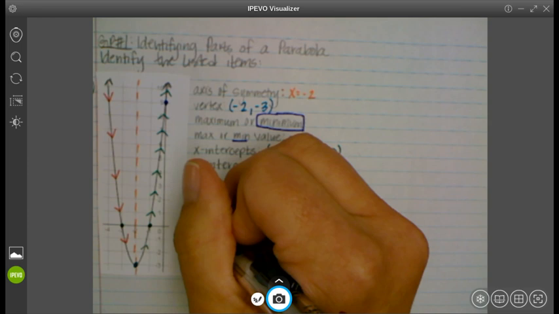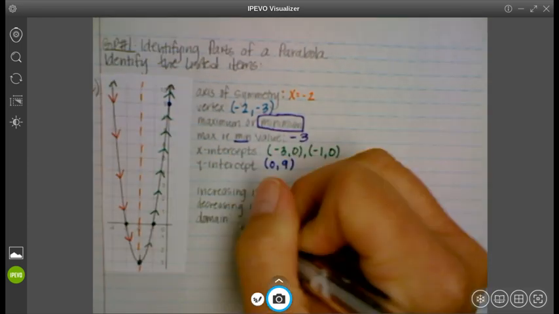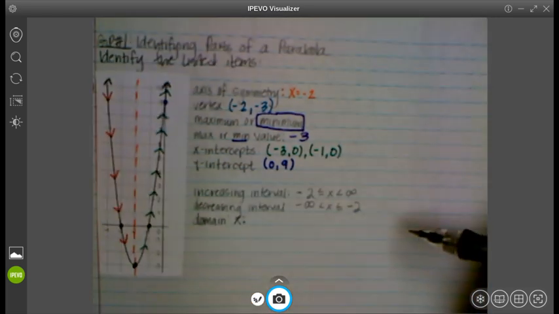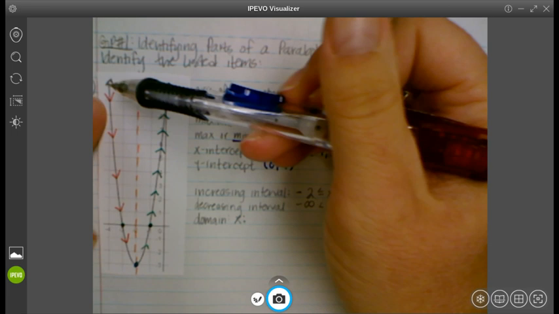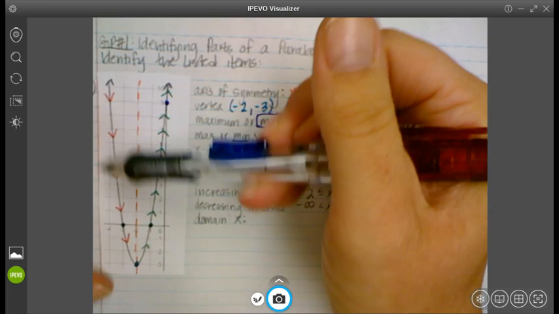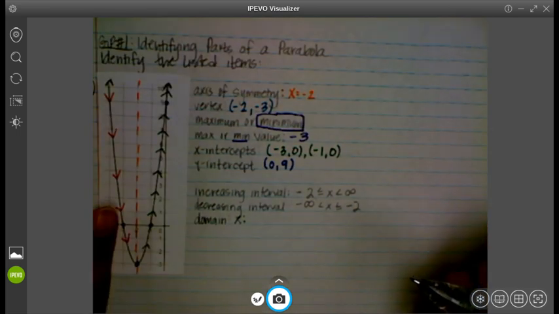So next we have the domain. Our domain is read from the left side of the graph to the right side of the graph. So the domain all the way to the left side of our graph is negative infinity, and it goes all the way to the right, which is positive infinity.